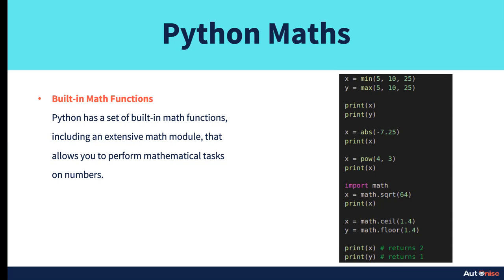Treat this math as an object, then use the dot and then the name of the method we want to call, like the square root. We can do that using math.sqrt. This will give us the square root of the number which we give inside this function.